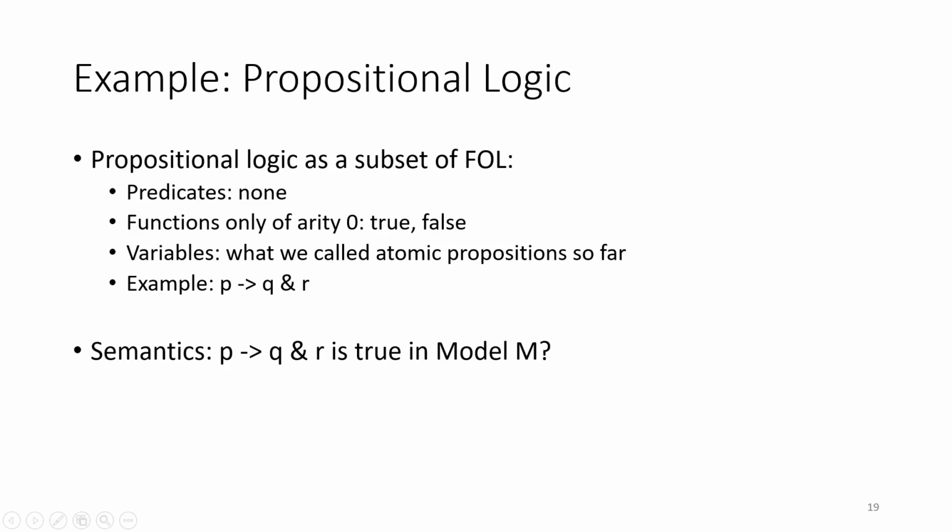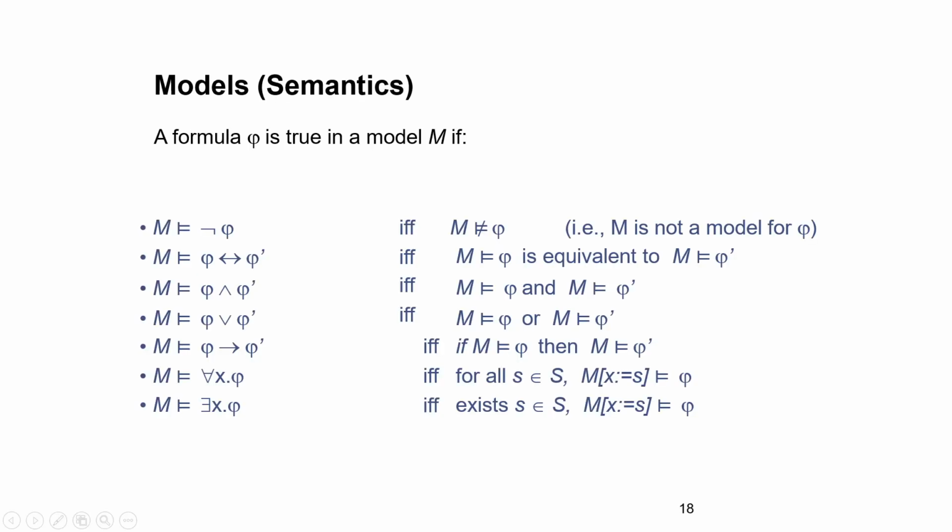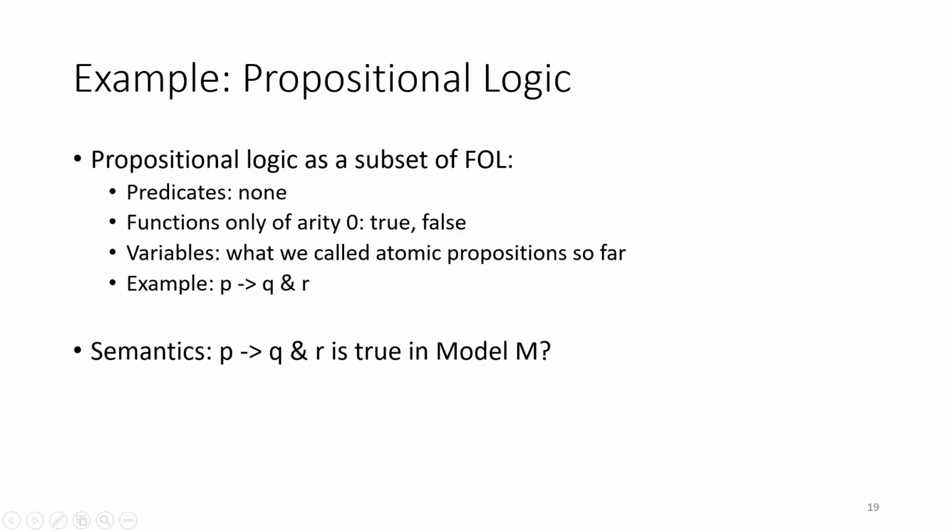And in this interpretation there are no variables, so everything should be quite simple. We can just interpret a formula based on these rules and see if we get true or false, whether it's really modeled. That's our semantics of propositional logic. So what we have is truly more than what we had before.